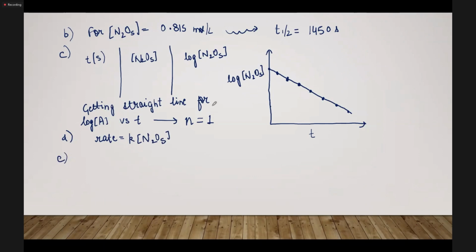From the integrated rate law, what does the integrated rate law say? I will write it down: kt is equal to, and because of the log here, there will be the numerical factor of 2.303. So according to this plot, when you linearize it, what you get is the slope.